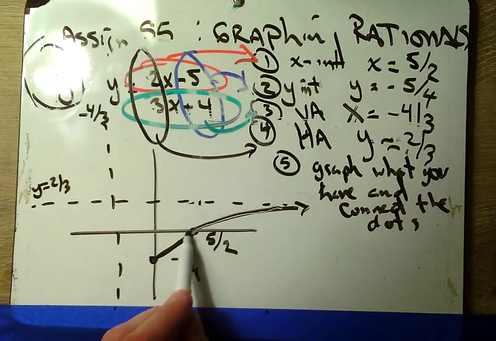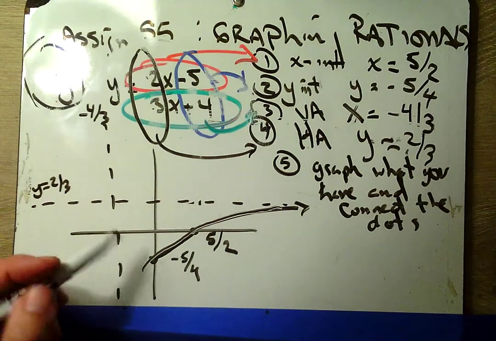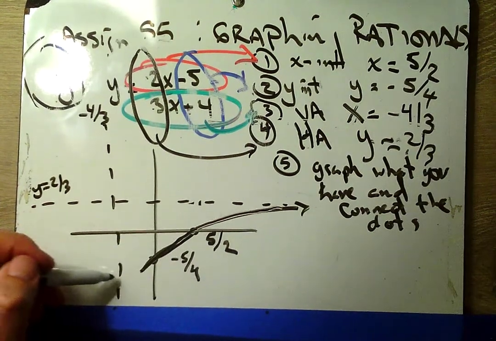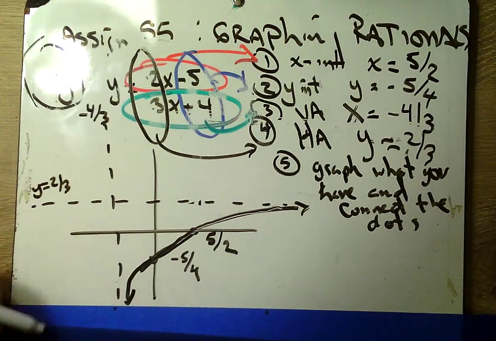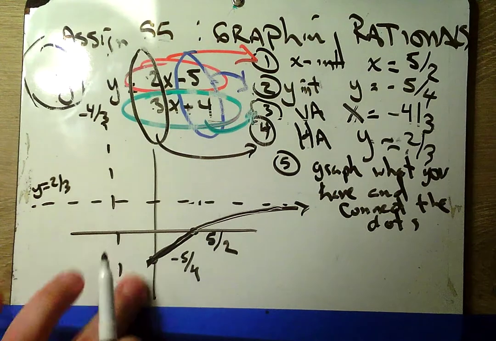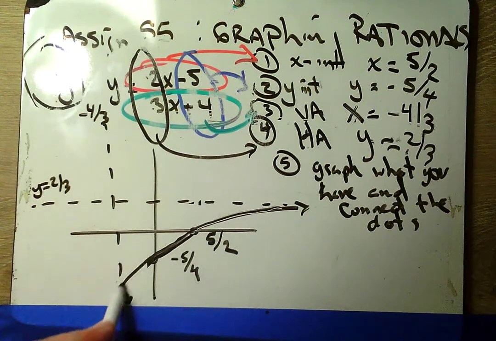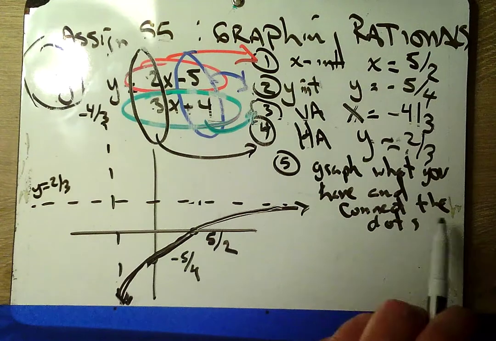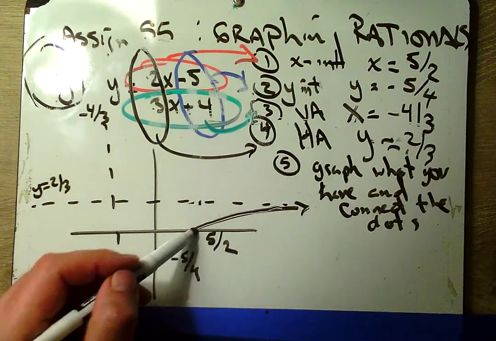And if we go the other direction, when we come out from this side, we have to bend to this asymptote now. And so we have something that looks like that. Okay? Actually, it'd be a little more like that. Okay. So we're bending to the asymptotes. This is what I mean by graph what you have and then connect the dots. So we connected our dots.